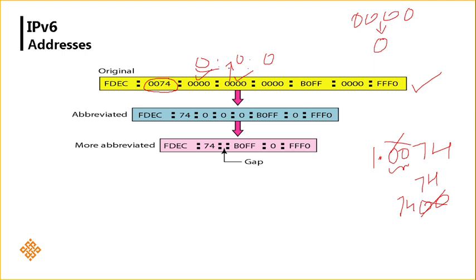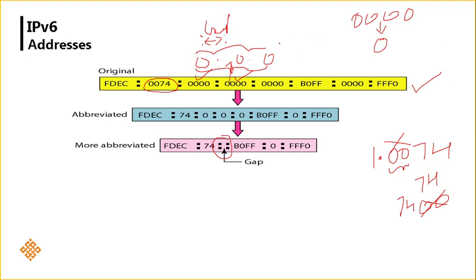Third condition, if you get consecutive blocks of zeros like this, the whole thing can be represented with a double colon. That indicates that there are consecutive zeros inside. This we call a gap. Don't worry if you have not understood, we can solve one example.